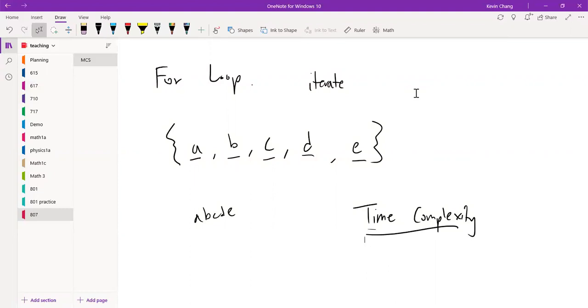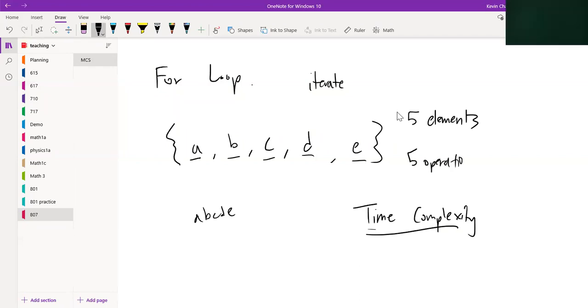So one goal we have in computer science is to minimize how much time it needs to calculate or perform a certain task. So in this case, a for loop is something we say is a linear time. And that's because in this case, let's say we have 5 elements in the set. Our for loop will have to iterate 5 times and perform the same operation 5 times to move through all the elements in the set. So we have 5 operations.